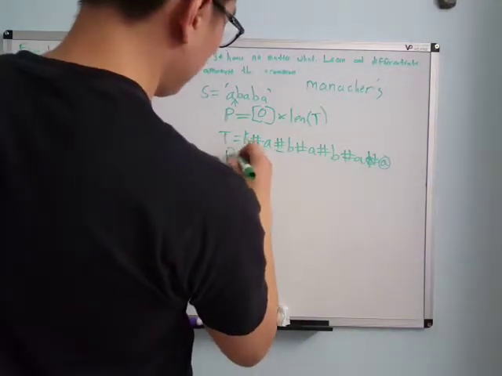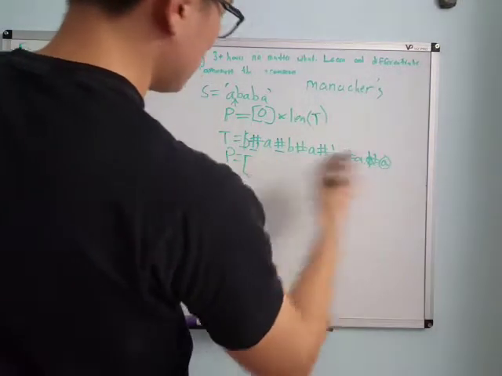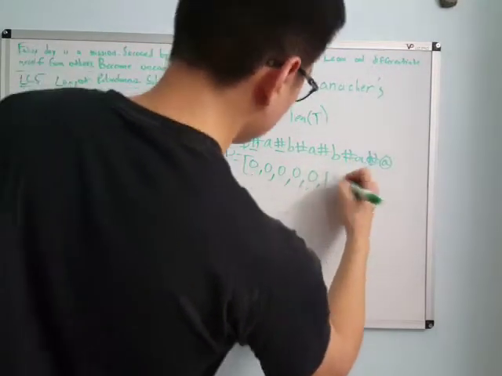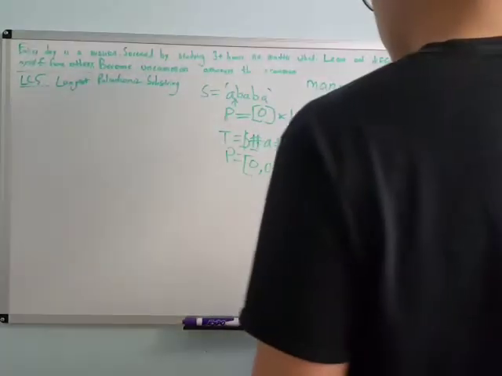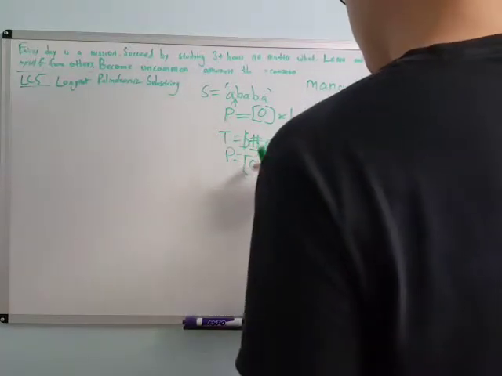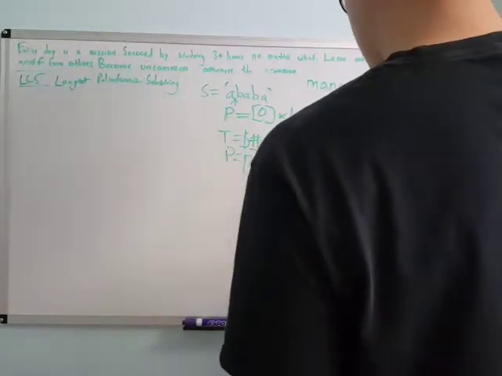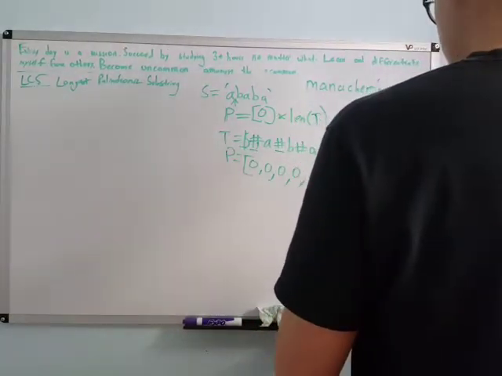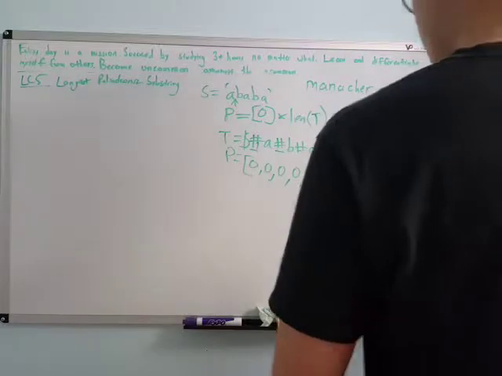So P is now going to be all of this: 0, 0, 0, 0, 0, 0, 0, 0, 0, 0, 0. Perfect.